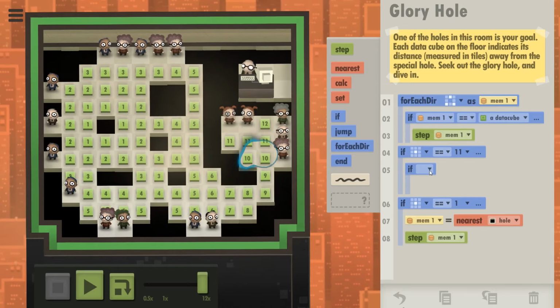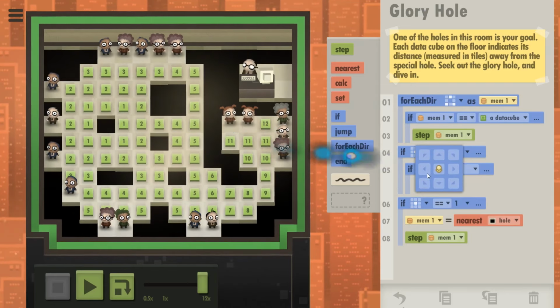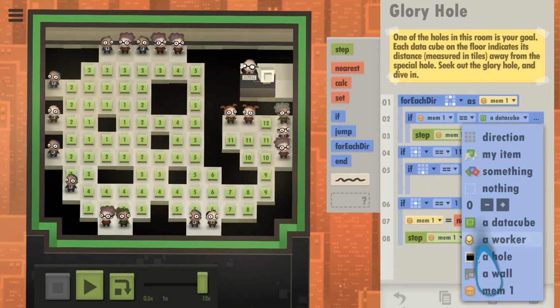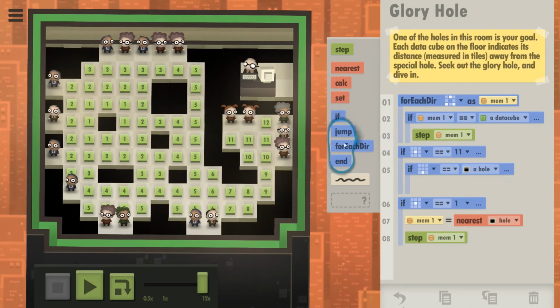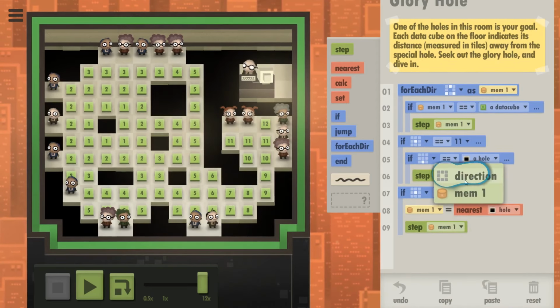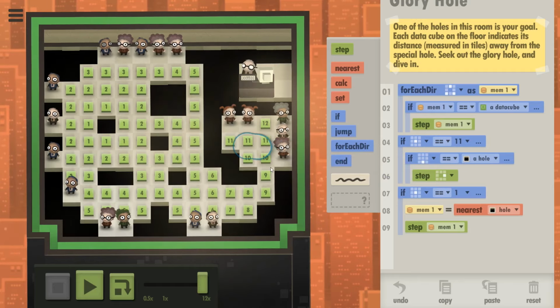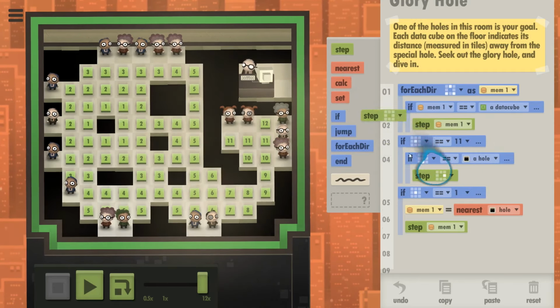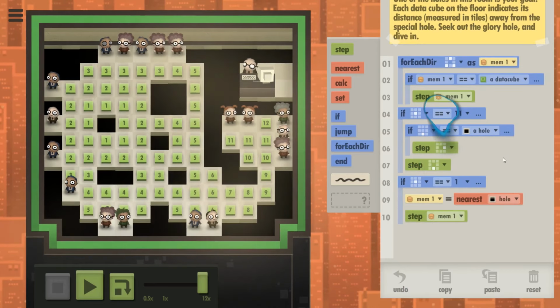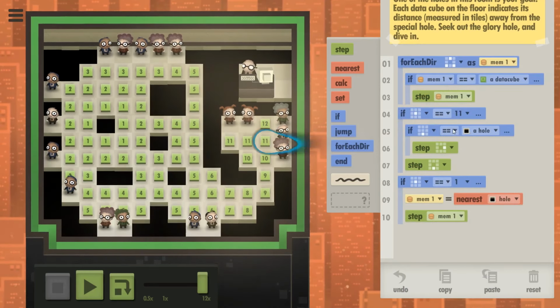If below you equals a hole, step right. We can optimize this. And then step down.